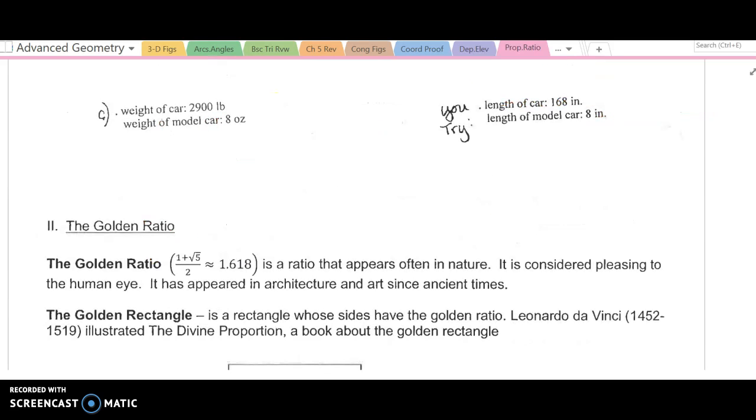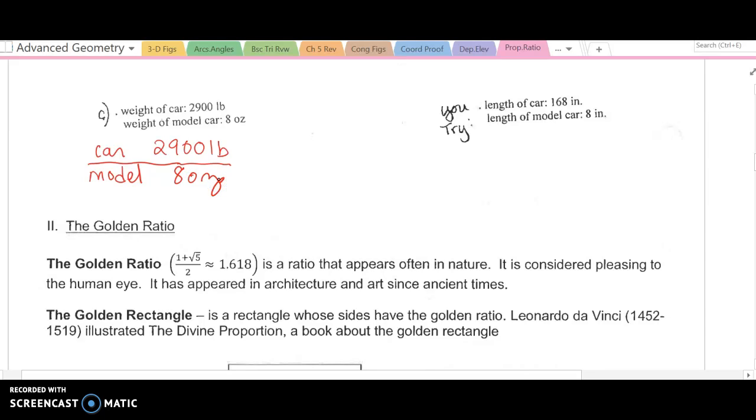Okay, so at the top of the next page, we have the ratio. The weight of a car is going to go on top because it came first. The weight of the model car is going to go on bottom because it came second. So we're talking about 2,900 pounds compared to 8 ounces.